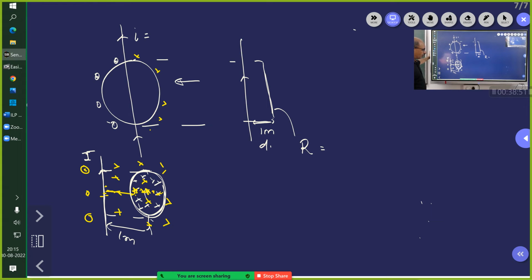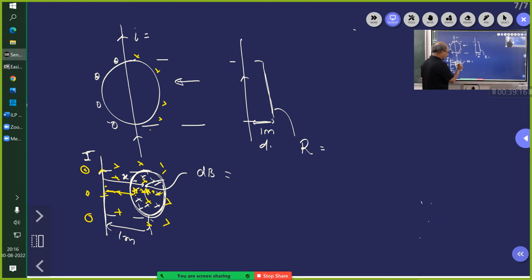We can take Biot-Savart law, sir, and differentiate it with respect to time. Okay, you will see. If you apply Biot-Savart law with current I, you will get the magnetic field at some point here, say at some distance x from here.